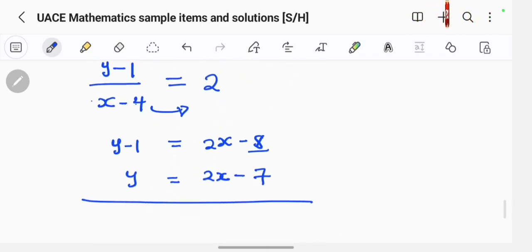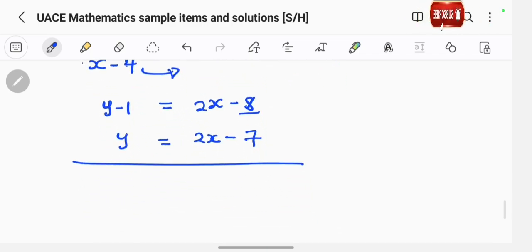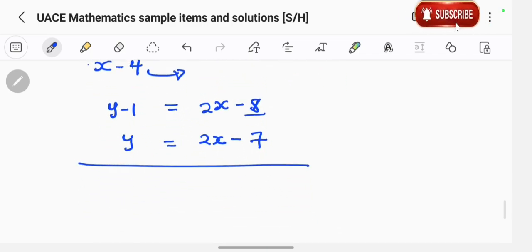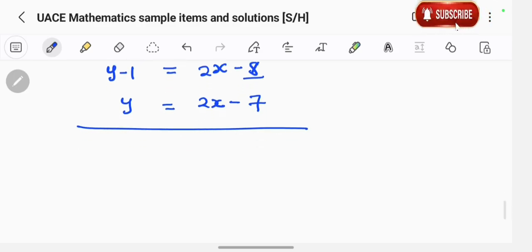Then rod 4. Rod 4 is perpendicular to rod 2. Perpendicular lines have this property.